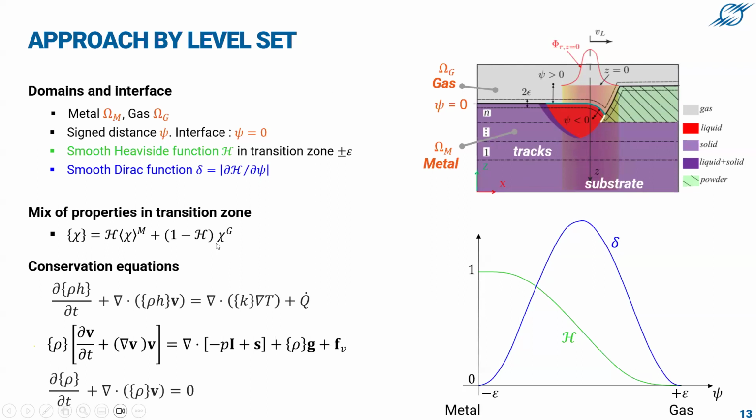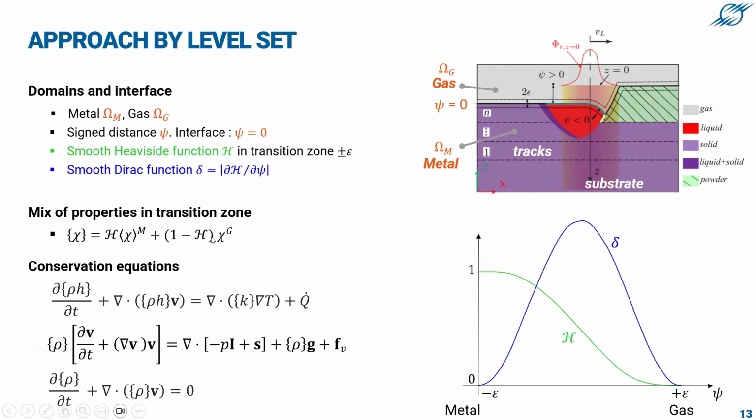The level set allows you to realize a mix of properties within the transition zone that you can have around the zero level set. So this 2 epsilon thickness zone is where you will have to concentrate the mesh, to refine the mesh in order to express this mixing rule.